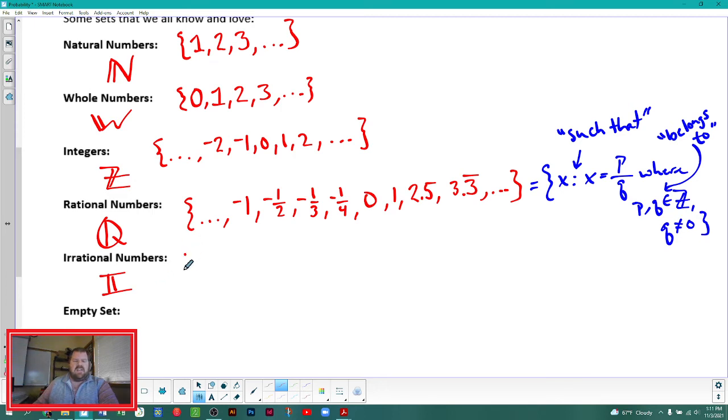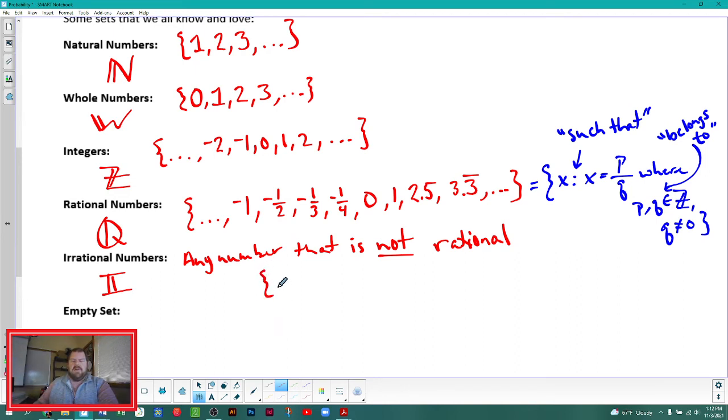And the best way you can describe it is any number that is not rational. So if it doesn't fit into this set, then it's an irrational number.